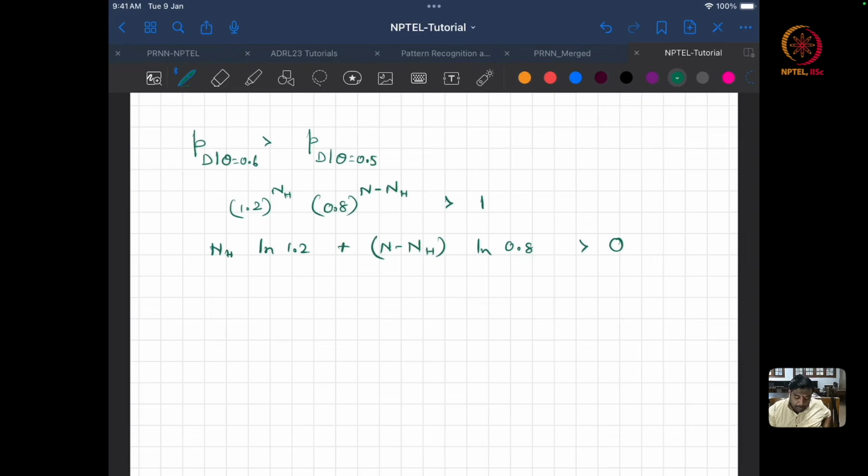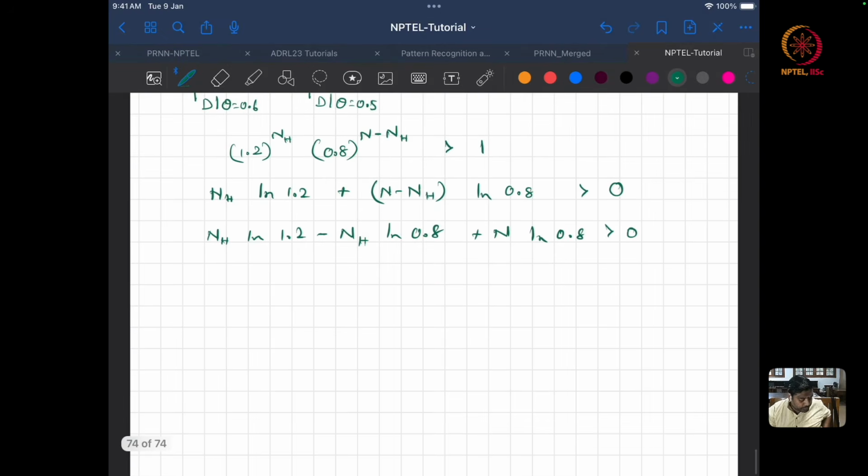Okay. Now this is nh ln of 1.2 minus nh ln of 0.8 plus n ln of 0.8 greater than 0. Now what is this, 1.2 divided by 0.8?